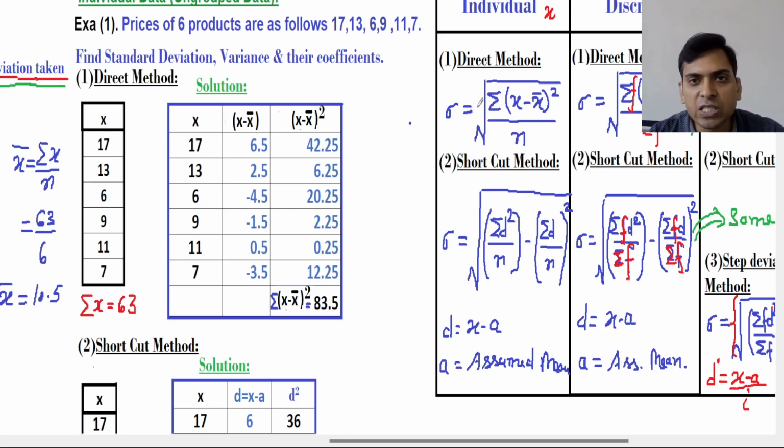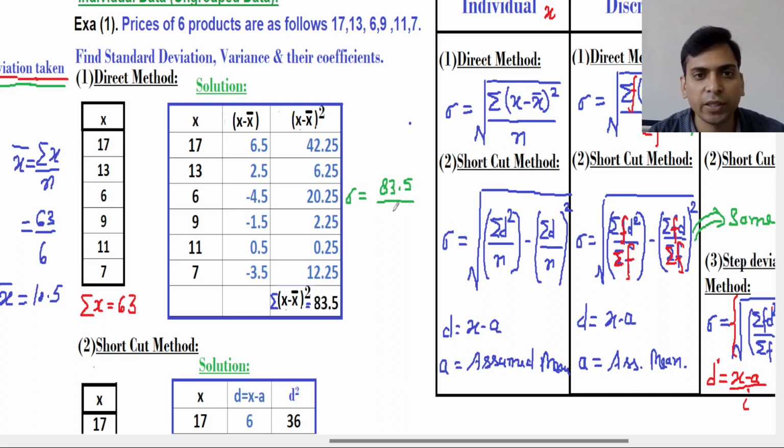Now we will put these values in the formula. Sigma equals, as per this formula, x minus x bar square is 83.5, divided by n.